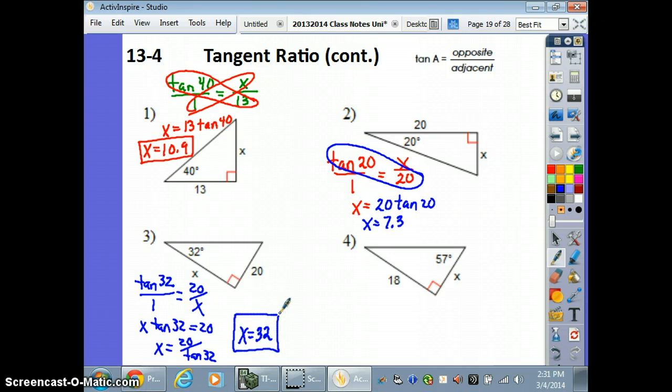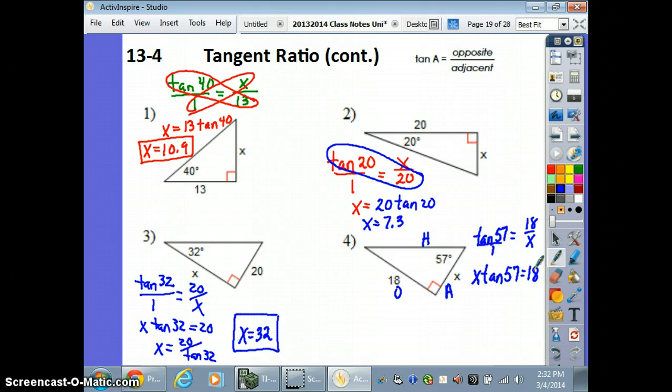All right, let's find this leg. We have tangent of 57 equal to opposite over adjacent. Remember, this is the hypotenuse, and we're not even considering that. Opposite over adjacent, 18 over x. Oh, it's another one of those with the x in the denominator. So we'll have x times the tangent of 57 equals 18.